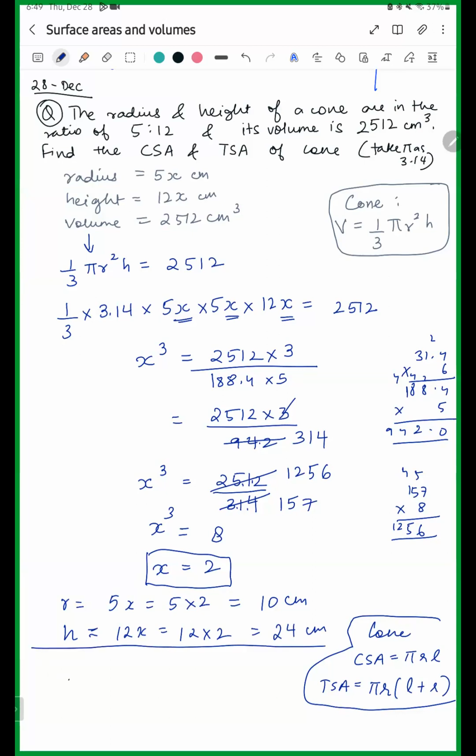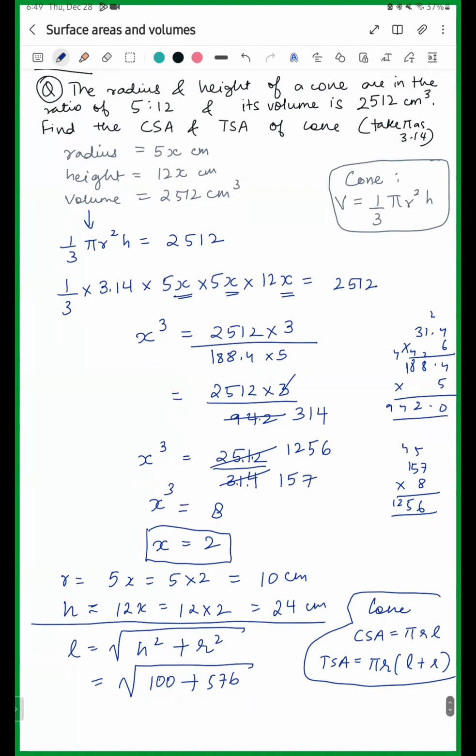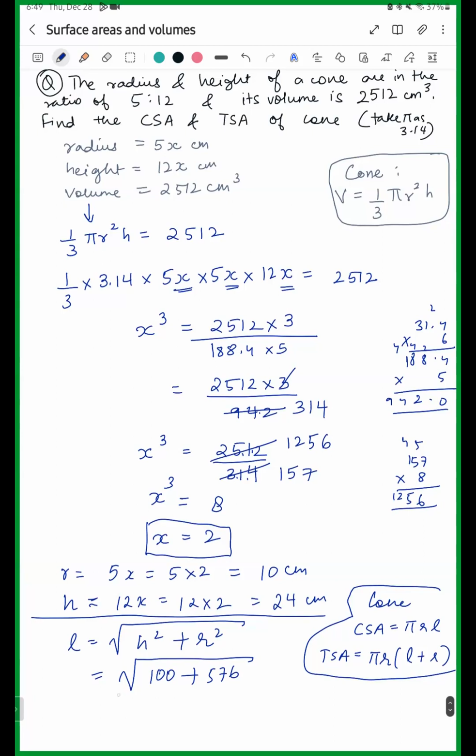L is equal to under root h squared plus r squared, which is under root 10 square is 100, 24 square is 576, which is going to be 676. And that is the square root of 26.